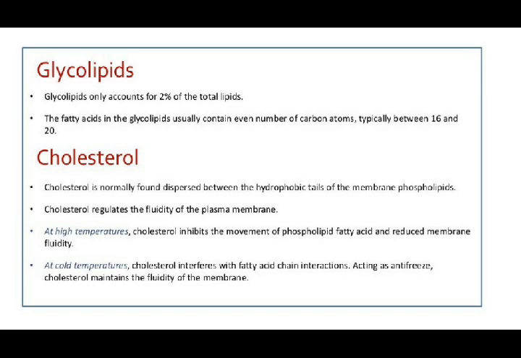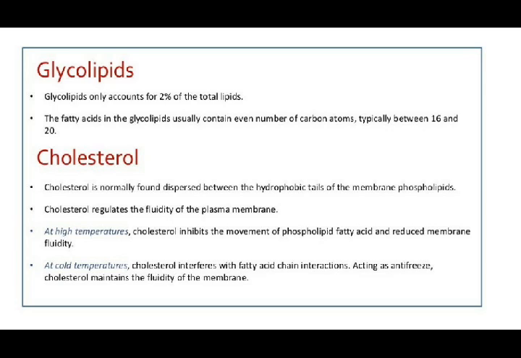Glycolipid. Glycolipid accounts for only 2% of the total lipids. The fatty acids in glycolipid usually contain even numbers of carbon, typically between 16 and 20. Cholesterol. Cholesterol is normally found dispersed between the hydrophobic tails of the membrane phospholipids.